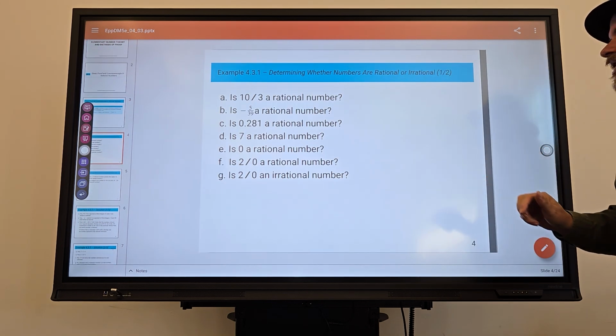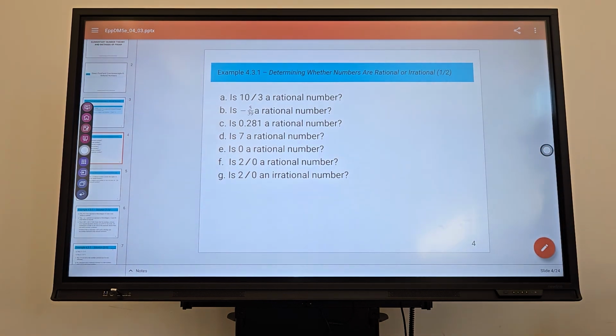So, is 10 over 3 a rational number? Yeah, it's a ratio of two integers.